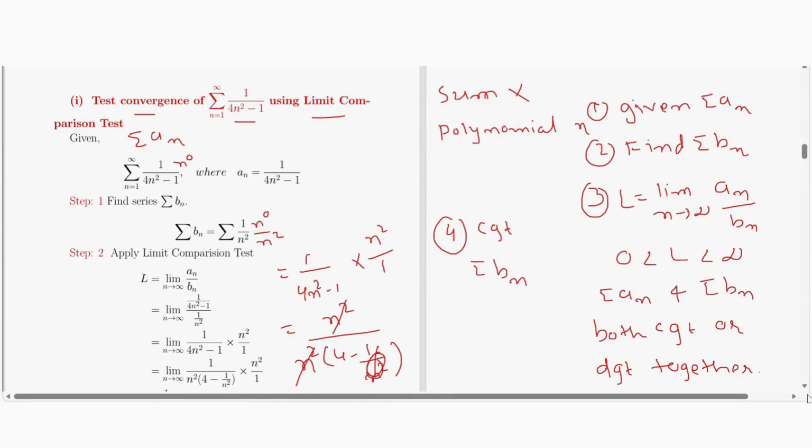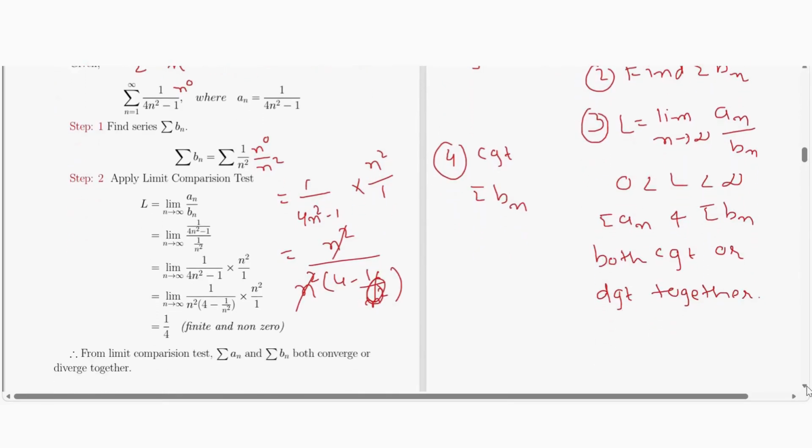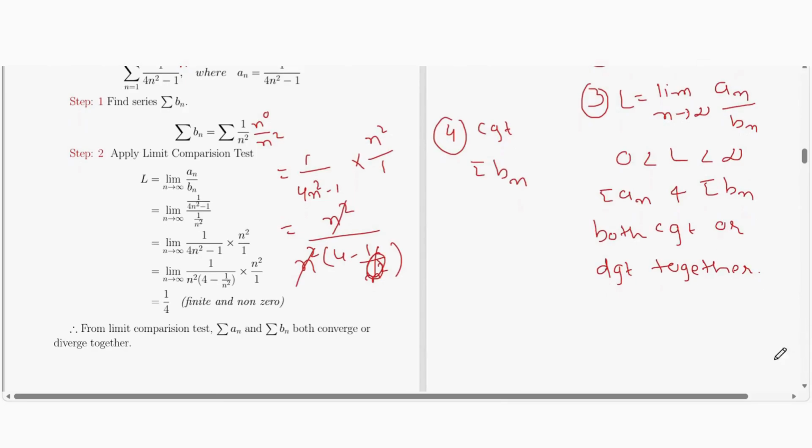And 1 upon 4 is nothing but finite and non-zero. So from the limit comparison test we conclude series AN and series BN both converge or diverge together. ओके मतलब कि सीरीज AN और BN का कन्वर्जेंस और डाइवर्जेंस सेम है. ओके.